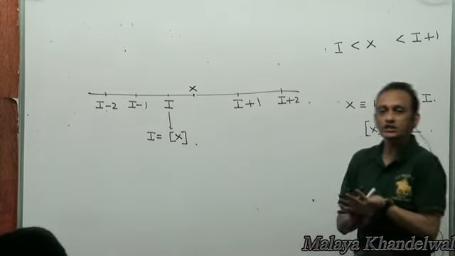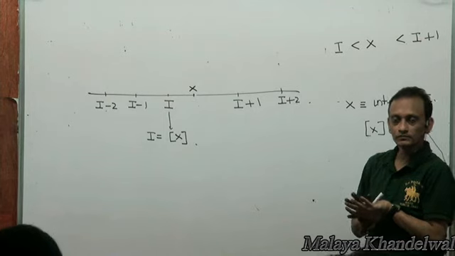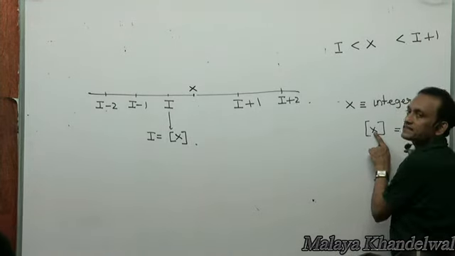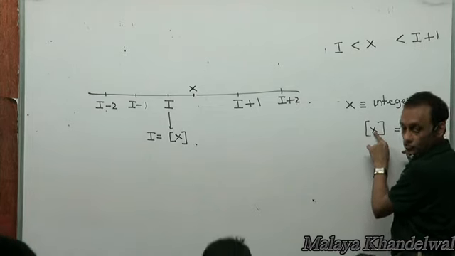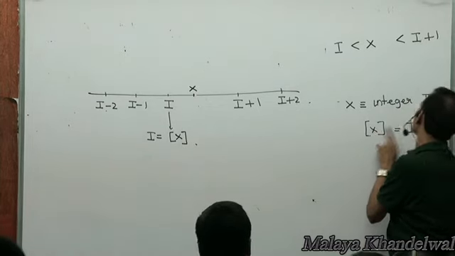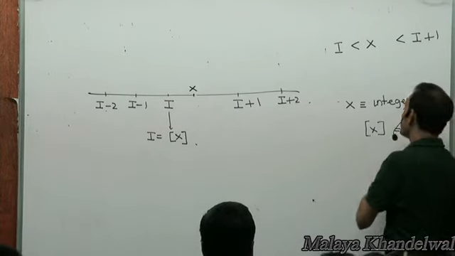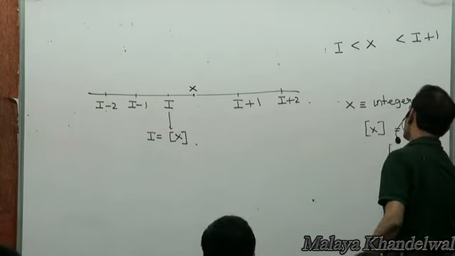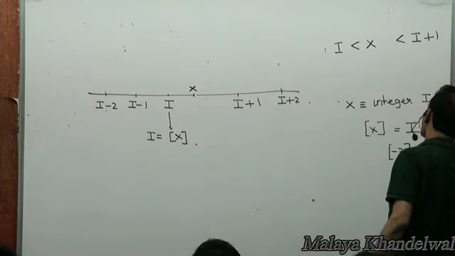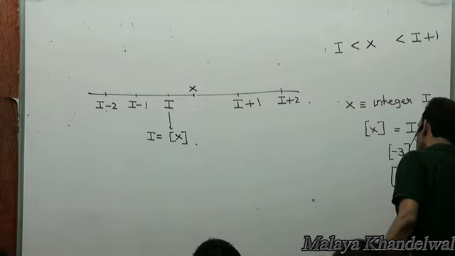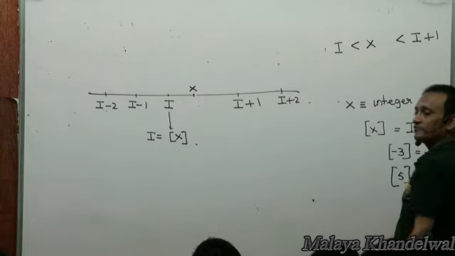See, x is either an integer or not an integer. If x is an integer, say x is 0, plus or minus 1, plus or minus 2, then the output of this operation would be the integer itself. Say if x is minus 3, then box of minus 3 would be minus 3. If x is 5, then this is going to be 5, right?